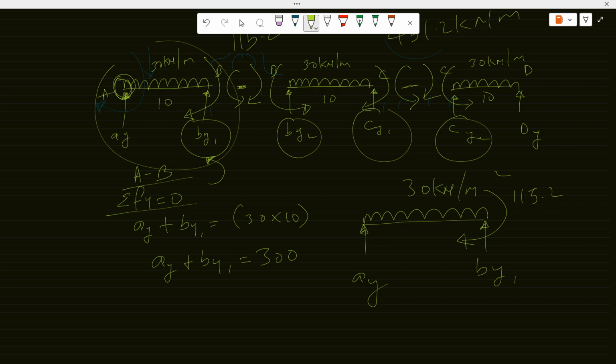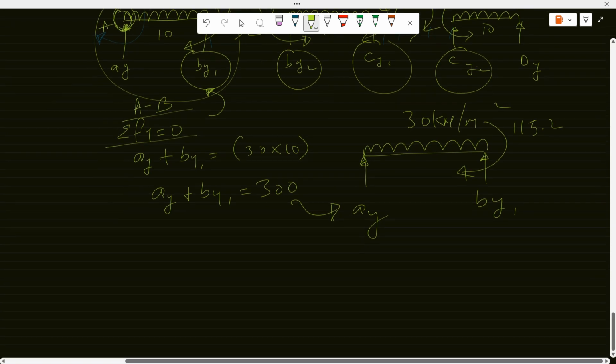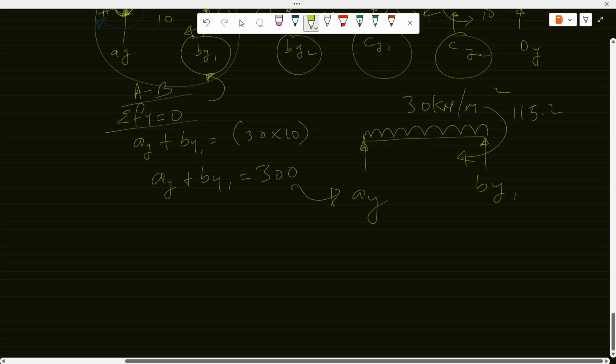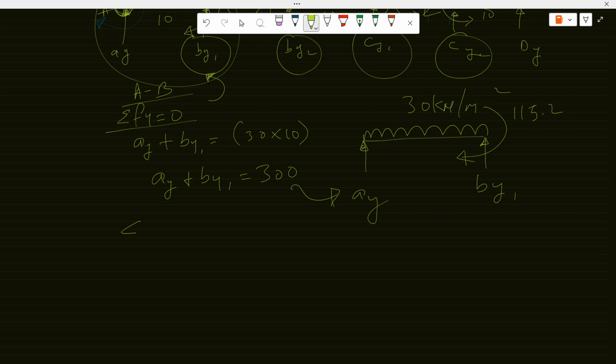And what we did here was that we used the equilibrium equation, which is summation Fy. Now we're going to be using another part of the equilibrium equation, which is summation M. This is A, this is B. So this is just basically a zoom of what is there.